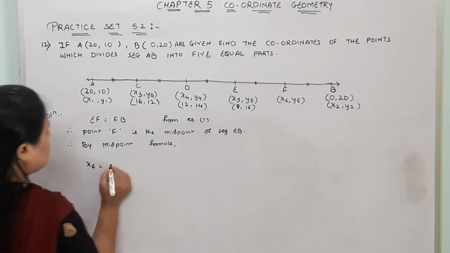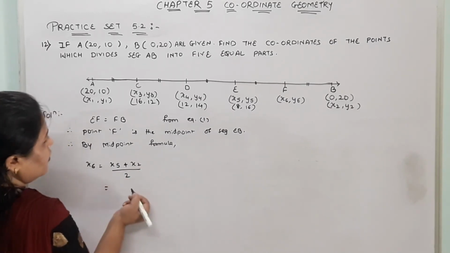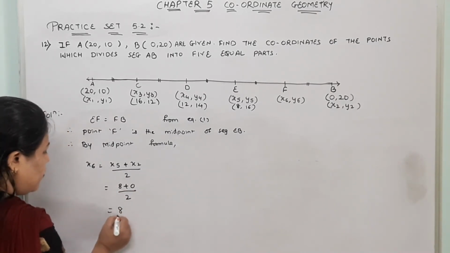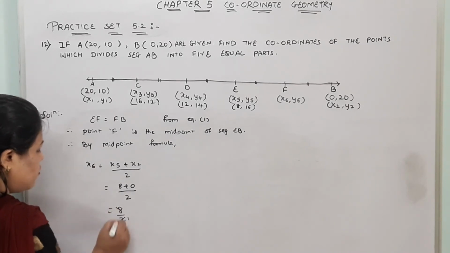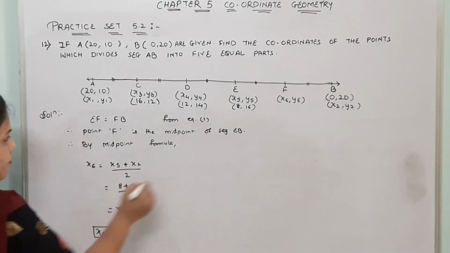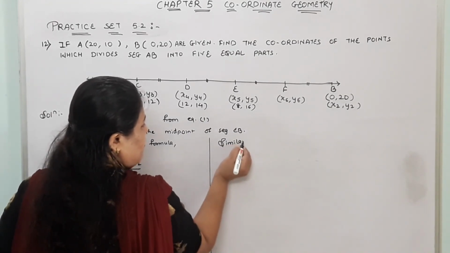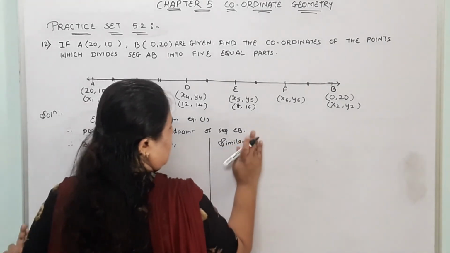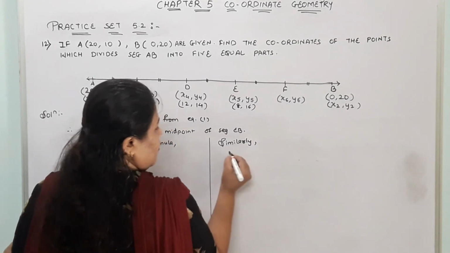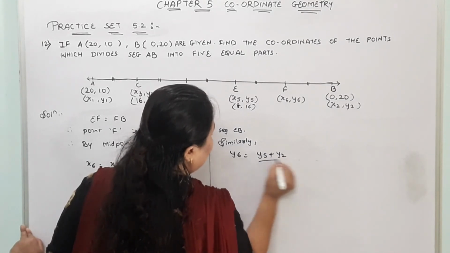x6 is equal to x5 plus x2 upon 2, that is 8 plus 0 upon 2, that is 8 upon 2, 2 fours are 8. So x6 is equal to 4, right? Similarly, y6 is equal to y5 plus y2 upon 2.